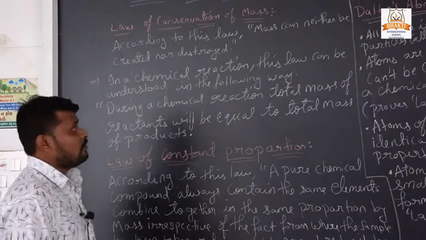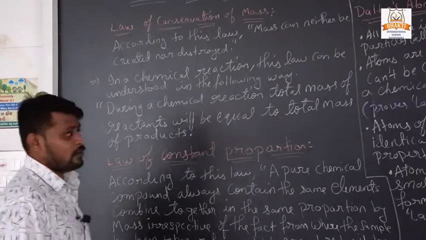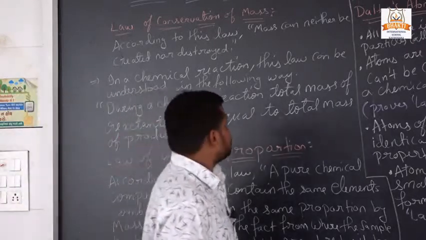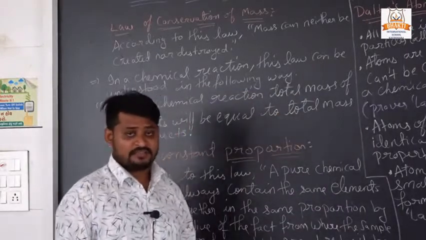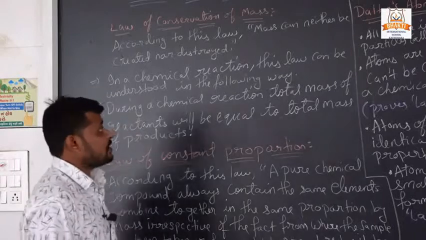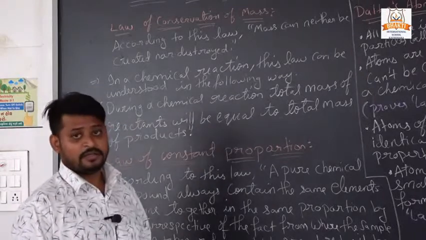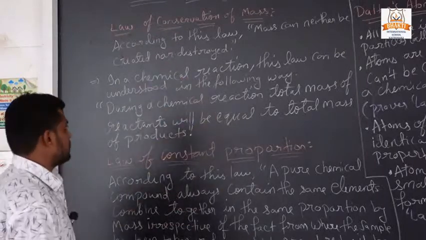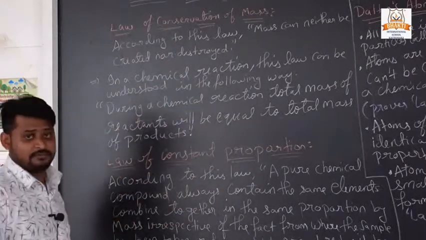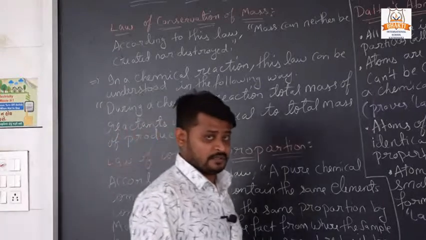According to this law, mass can neither be created nor destroyed. We all know atoms can neither be created nor destroyed, and the same is true of mass. In a chemical reaction, why do we balance the chemical equation?